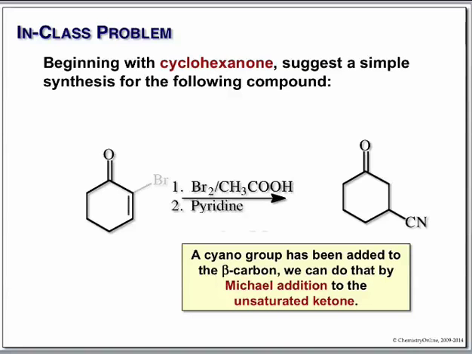For that, all we need to do is dump in a base. I used pyridine. You could just simply put base. That would work. And now we have our alpha beta unsaturated ketone. The final step is our Michael addition. All we need to do is add cyanide. HCN would work.